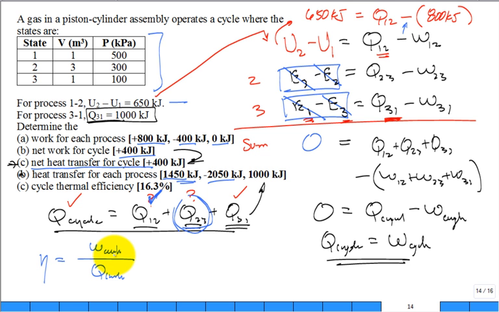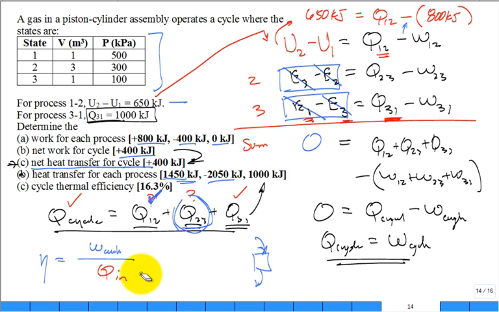Is the thermal efficiency work of the cycle divided by Q of the cycle? It's only Q in. Remember our illustration? We had some heat in, we had to throw some heat out of our heat engine. So this is a common error. This just needs to be only the Q in, right there.